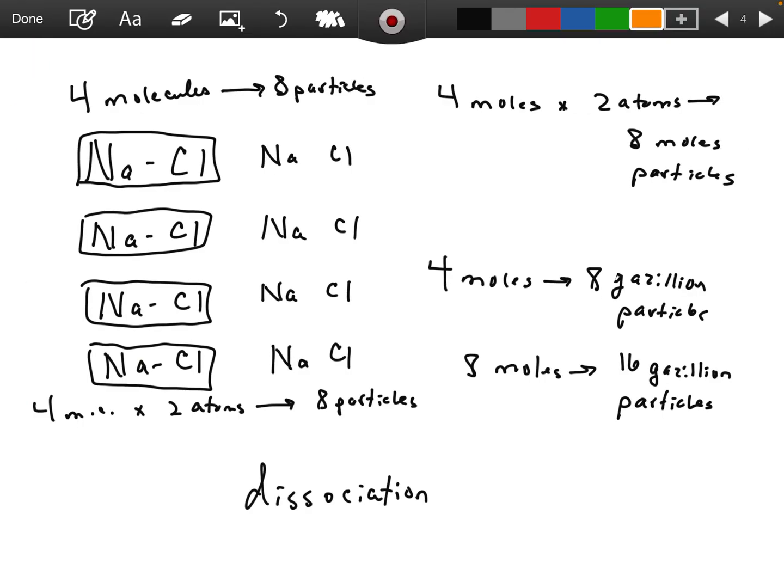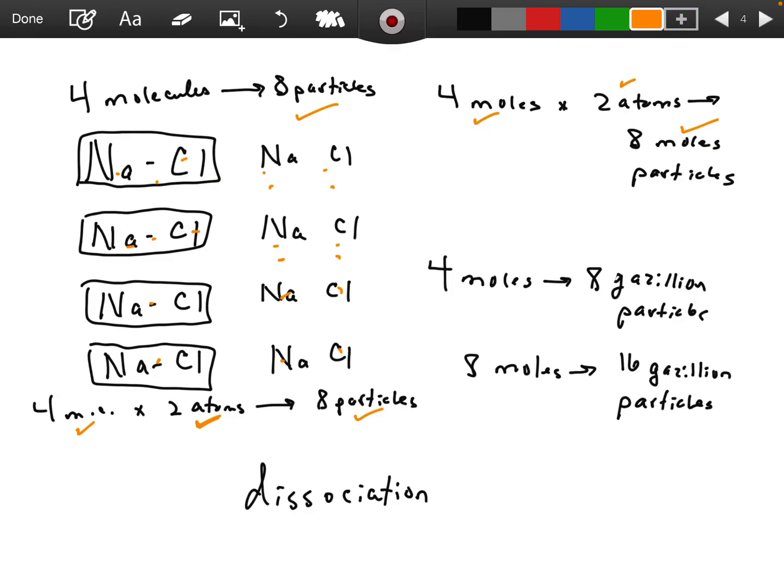So, in other words, if you had 4 sodium chloride molecules, 4 salt molecules, and you dissolve them, you would get 8 particles. If this broke apart into 2 and so forth, 4 of these would give you 8 particles because there are 2 atoms. 4 molecules times 2 atoms gives you 8 particles. Likewise, if you had 4 gazillion molecules, each one with 2 atoms, you would get 8 gazillion particles when it's dissolved.